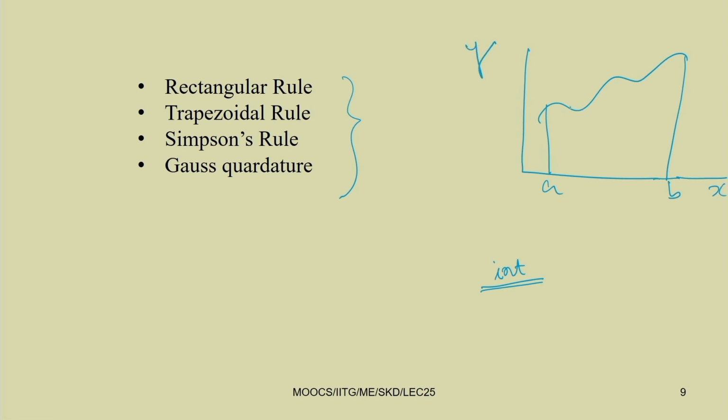You may note that when I am using this rectangle, if I draw a line parallel to this here, this portion is not accounted for when I am taking this as a rectangle. So it can be observed that this point is not taken into account. When I take this interval to be large, you can see this error is very large.